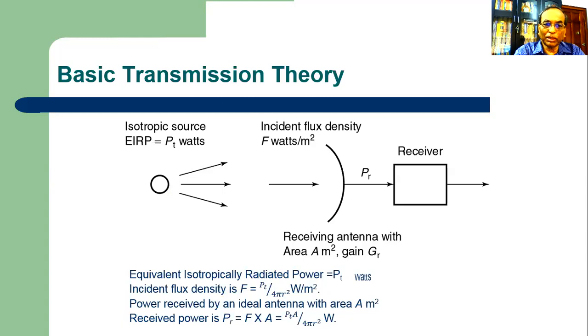So the incident flux density F equals PT divided by the total surface area of the sphere having the radius r, that is the distance from the isotropic source to the point of the receiving antenna.